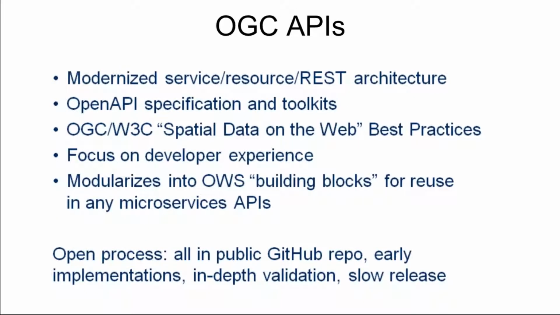And we have applied a new process to the development of those APIs, different compared to how we did the service-oriented architecture services that started roughly in the late 1990s and continued for the next 20 years. The new approach is extremely open.